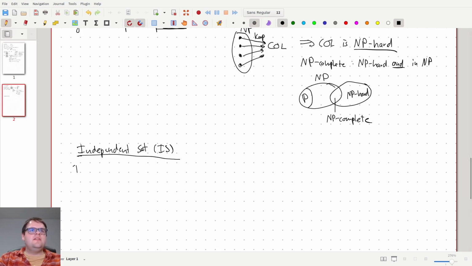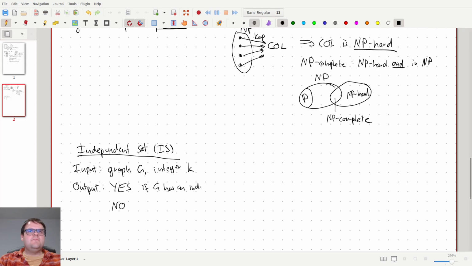So your input for an independent set is going to be a graph G and an integer K. And then the output, since this is a decision problem, is going to be either yes or no. It's yes if G has an independent set of size K and no otherwise.